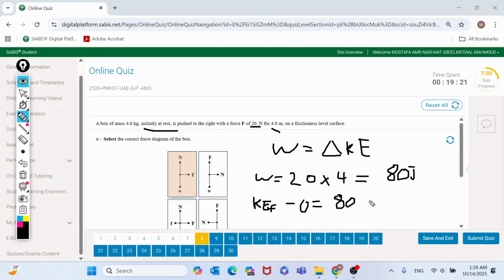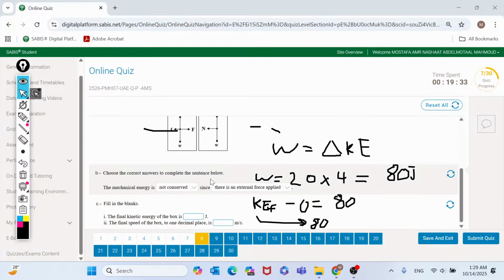So kinetic energy final is 80. The final kinetic energy of the box is 80 joules.